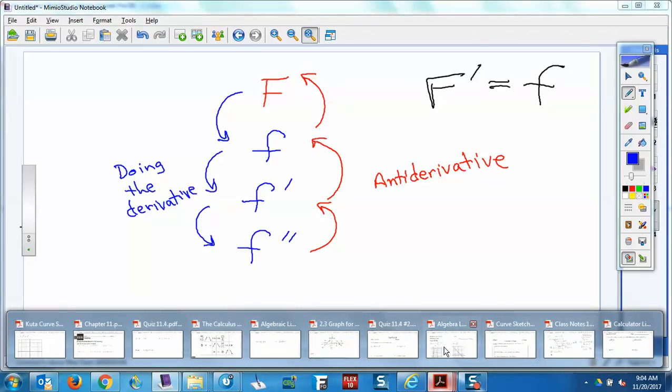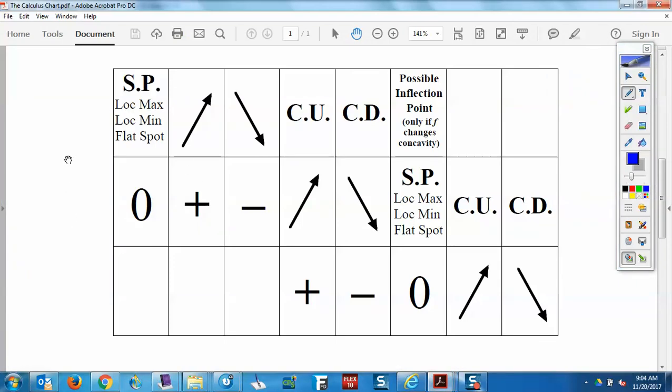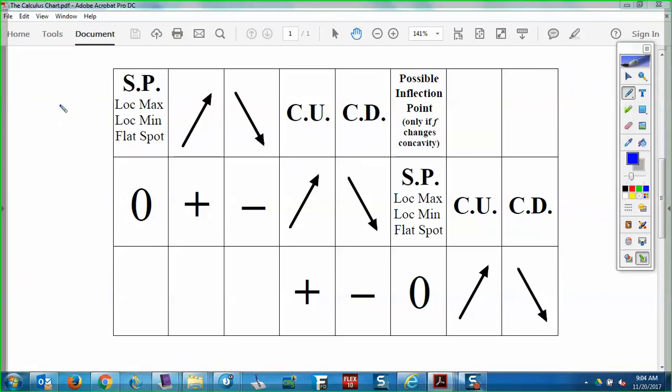When we go to our chart, that's why I left this blank off to the side, because this column could be big F, and then this row little f, and then f prime, and so forth. So it depends on the problem you're working with.